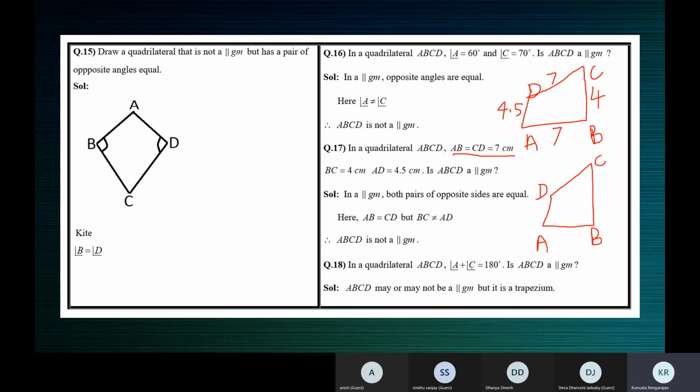So this is not A plus C. I think it should be A plus B. Let me just check the question.